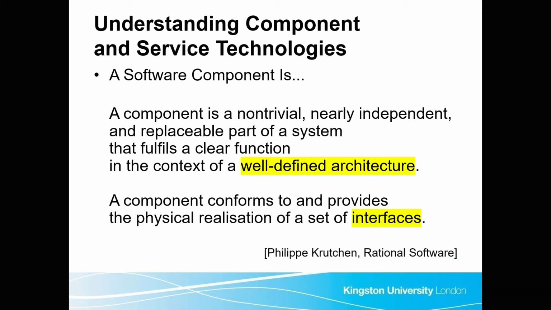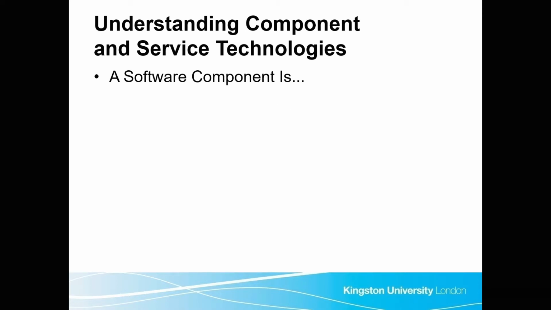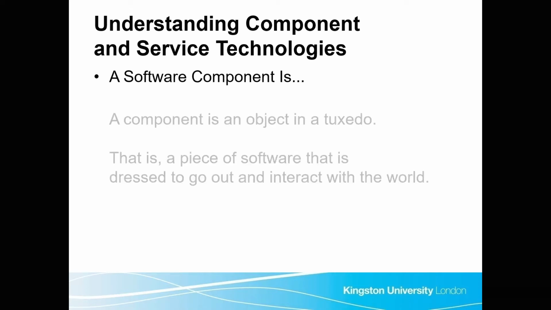Again, in this definition we have interfaces and we also have well-defined architecture. I will not go deeper into the topic of interfaces because it was covered in the previous sessions in past days. I will show you one more definition, which is probably my favorite one, even if it is maybe not very technical.